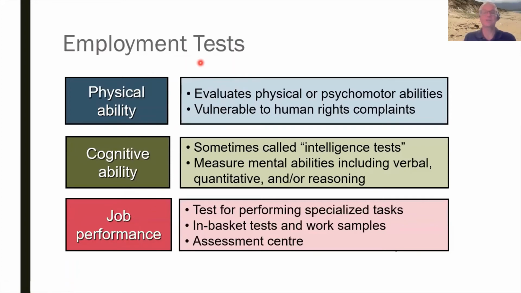Bench press, for example: the average woman being smaller than the average man will likely do more poorly on a bench press test. And again, races, Asians, for example, tend to be smaller than many of the other races. So Asians as a group might do more poorly on a physical ability test. So they're getting away from a lot of these, more towards job performance tests, mostly because of human rights considerations.